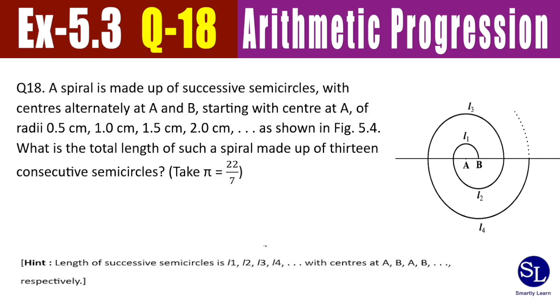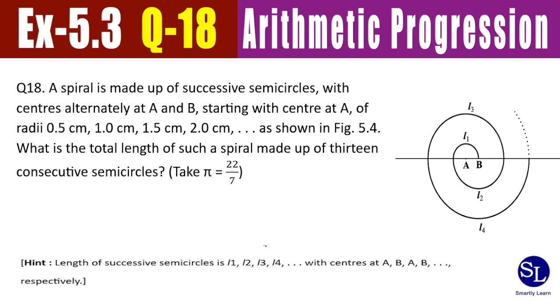They've also given us the length of successive semicircles with centers A, B, A and B respectively. So let's assume the lengths are L1, L2, L3, and they are going to be at A, B alternately. So let's try to convert what is given to us into an AP.